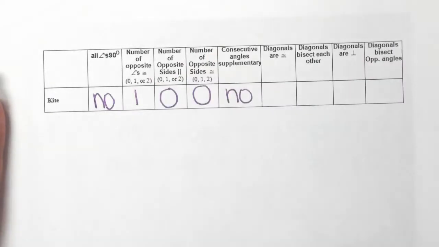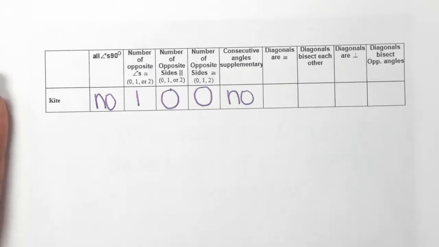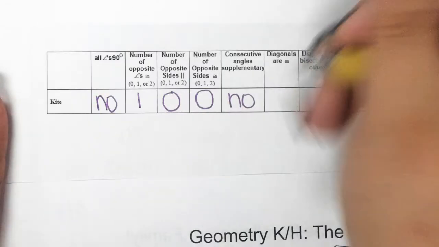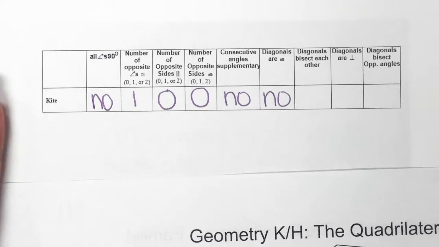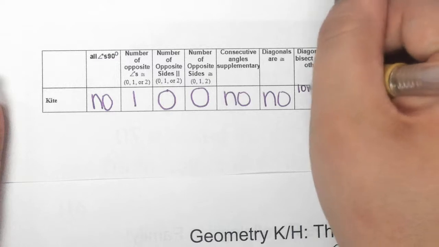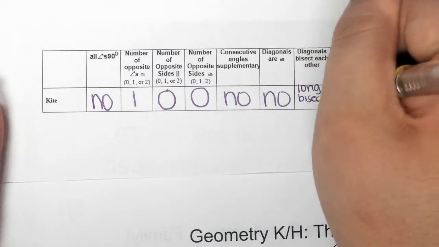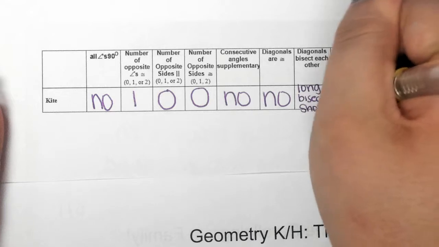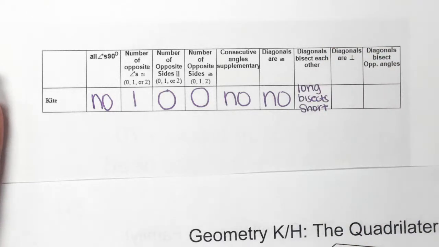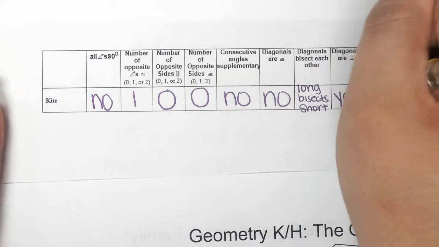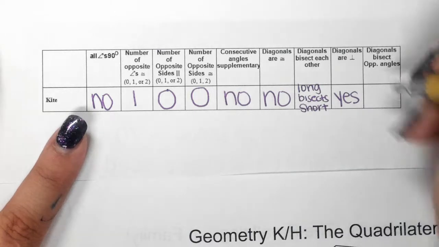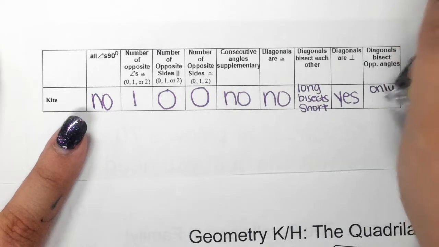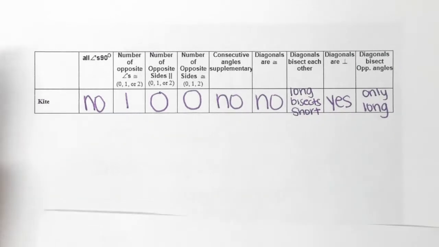No. Are the diagonals congruent? Let's look at it. Do my diagonals look like they're going to be the same? No. Do the diagonals bisect each other? Long bisects short. Are my diagonals perpendicular? Do the diagonals bisect opposite angles? Only the long. The short does not bisect.